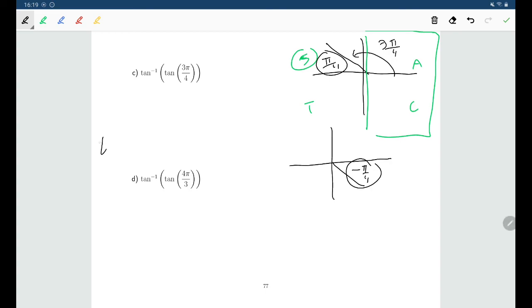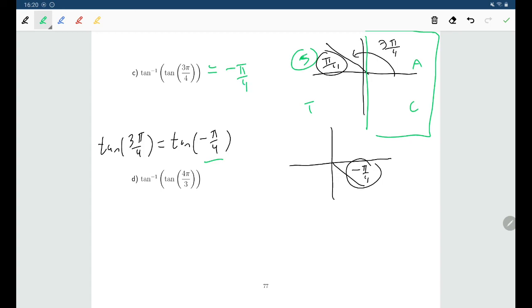So we know that tangent of 3 pi over 4 and tangent of negative pi over 4 are equal to each other. And since negative pi over 4 is inside of my restricted domain for tangent, then negative pi over 4 is what I'm going to get out of this composition.